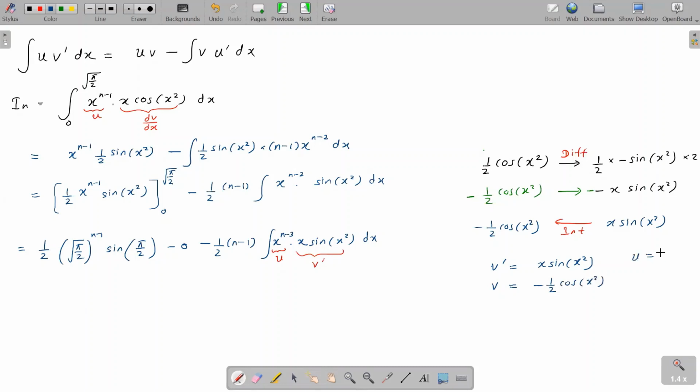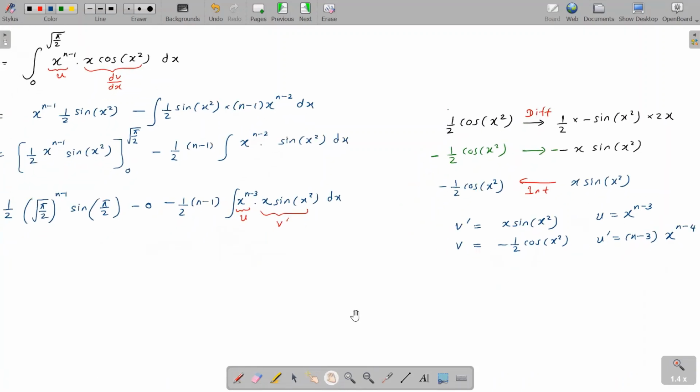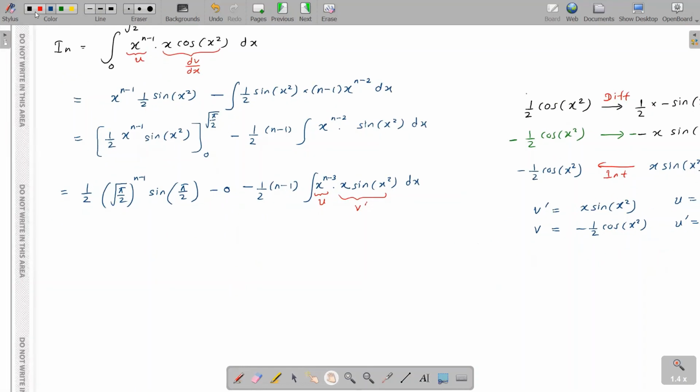And your u is x to the power n minus 3. So u dash, when you differentiate, is n minus 3 times x to the power n minus 4. Do you agree? Okay, so then let's substitute the values now. Half times root means the power half.